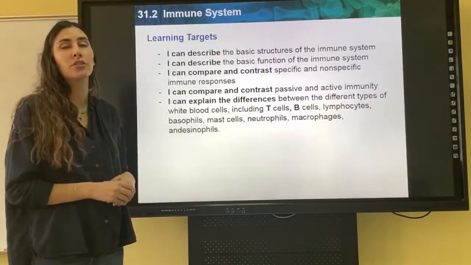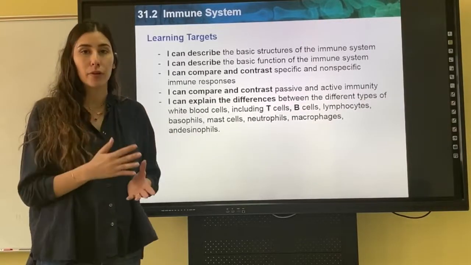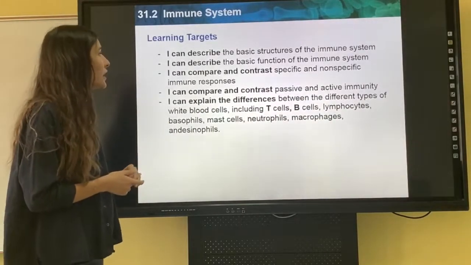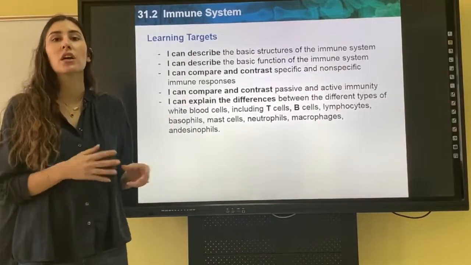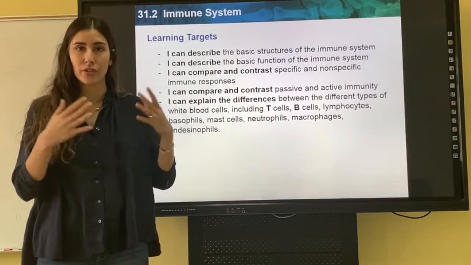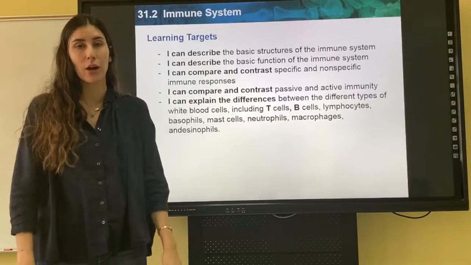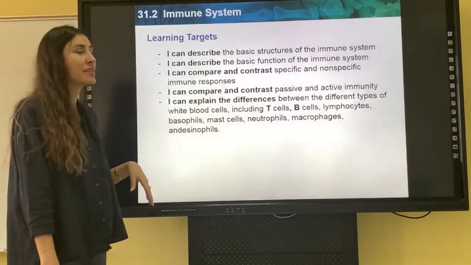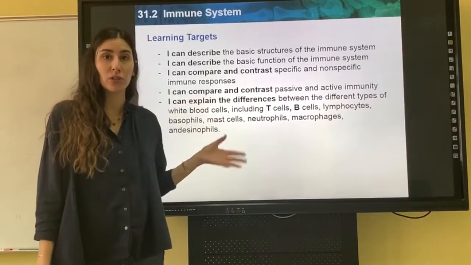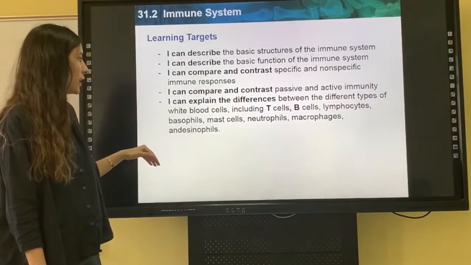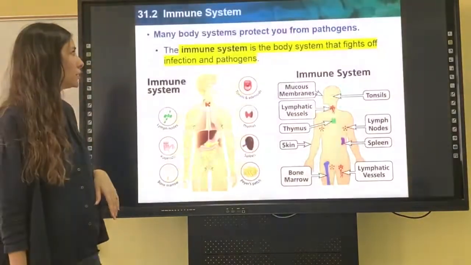You should be able to contrast and compare passive and active immunity, and explain the difference between the different types of white blood cells. So there's more than one kind of white blood cell out there, and you need to be able to explain the difference between them. And we'll talk about each learning target later as we move along.